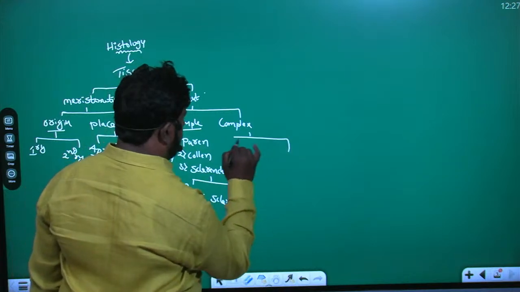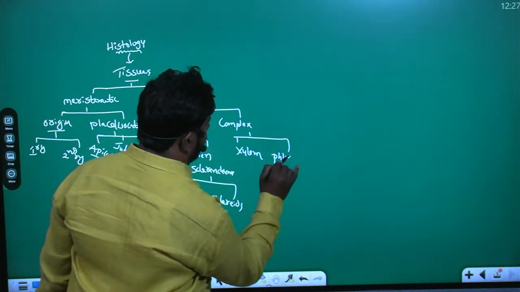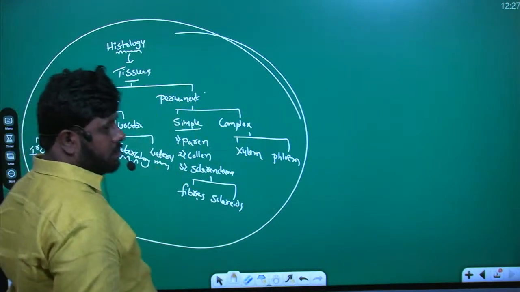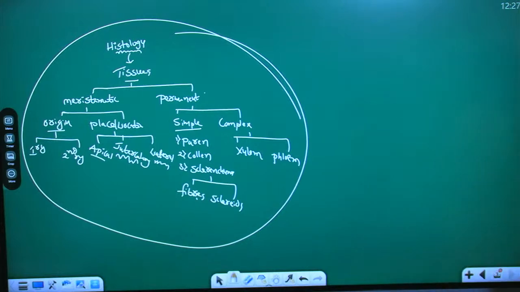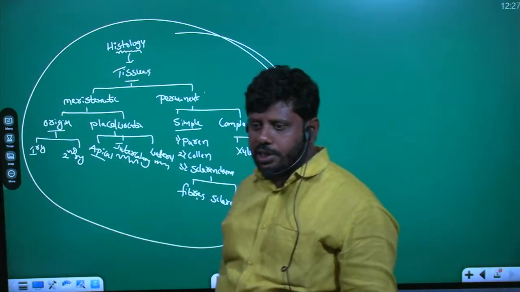Complex tissues are two types: xylem and phloem. So all of these come under histology. These are the tissues present in the plant body.